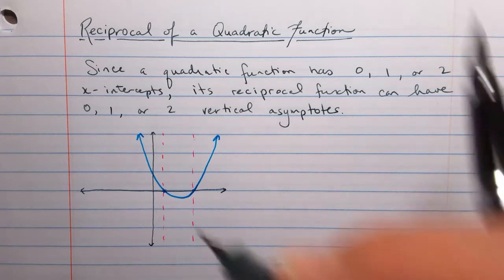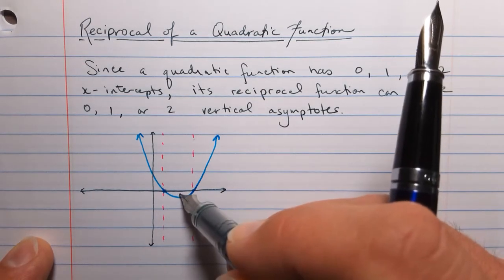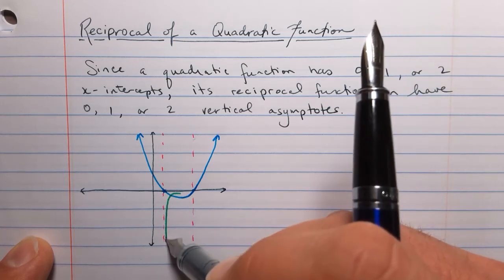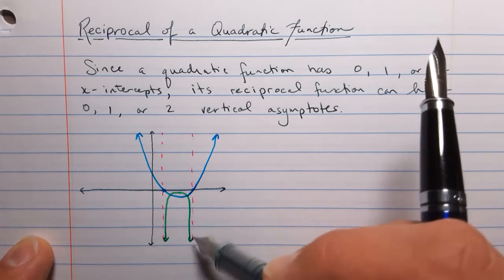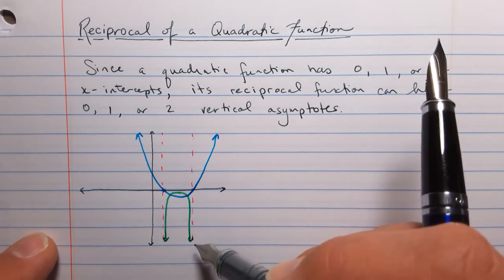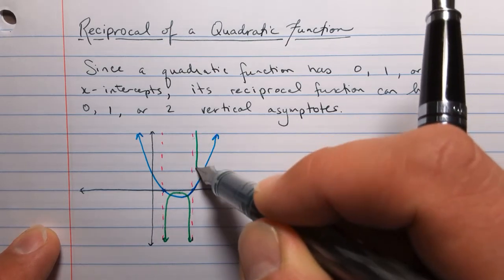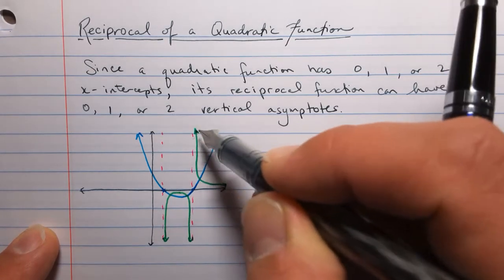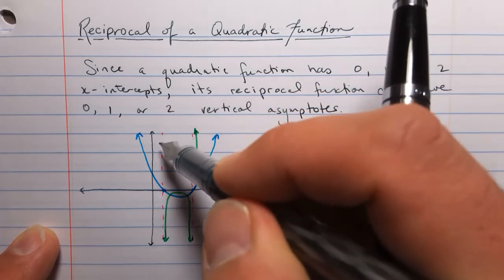And so what we have is this negative bit right here turns into another negative bit in the reciprocal function. It'll do something like this. Approaching, it goes asymptotic here, down to negative infinity. And this upper part looks like this. Asymptotic to the vertical asymptote there, and it also goes to 0 on this side.